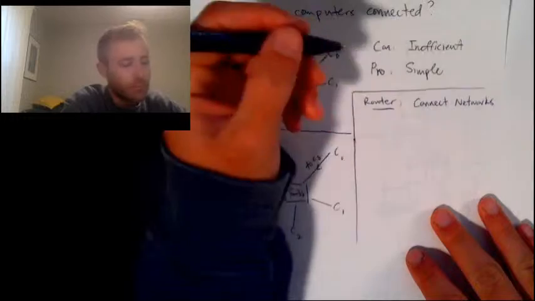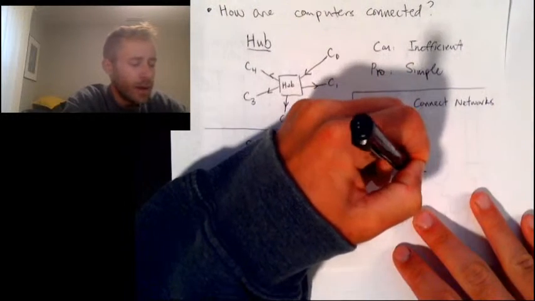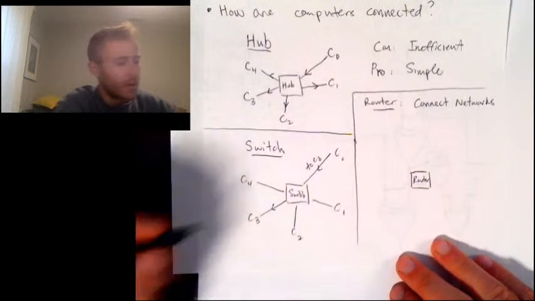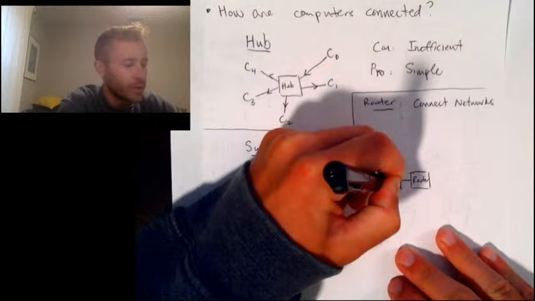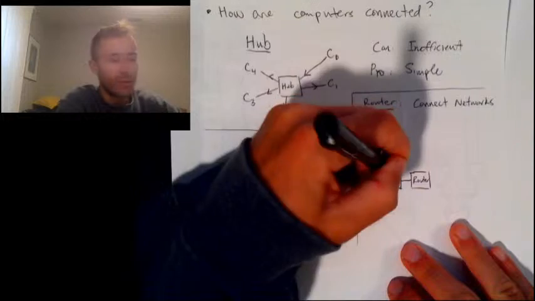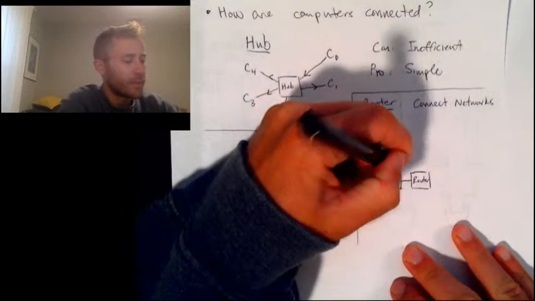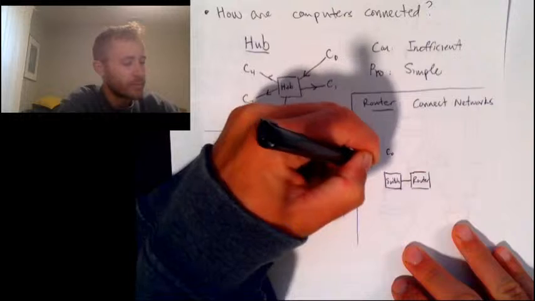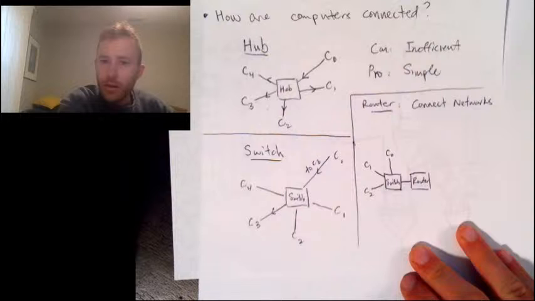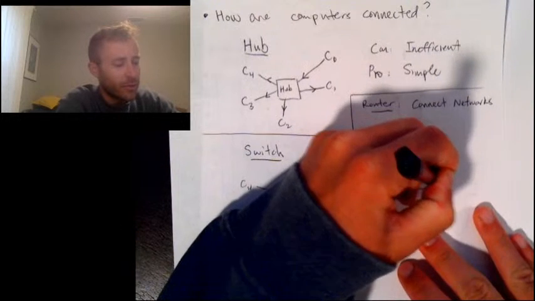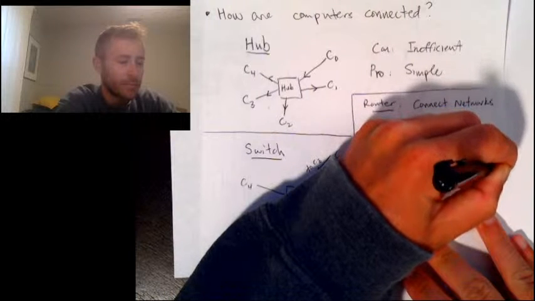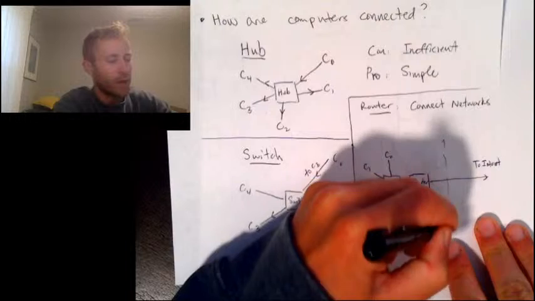So you might have a router, and the router is connected to a switch, and the switch is connected to some different computers. And the router connects to the internet, which is just a big network. So this might be your house.